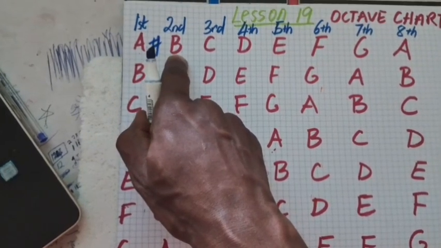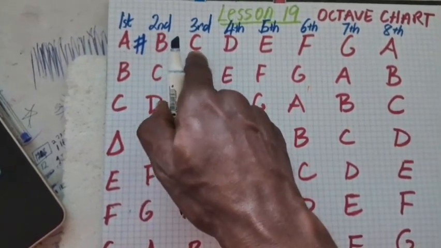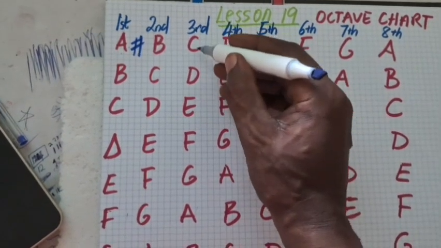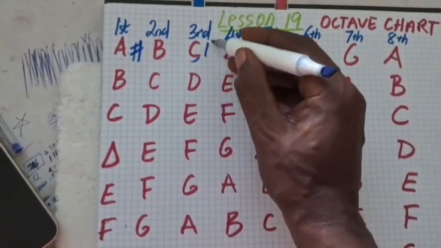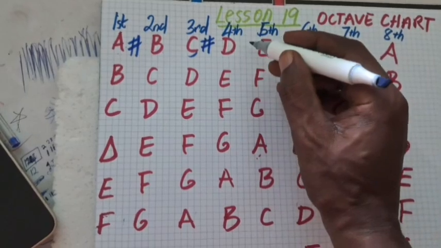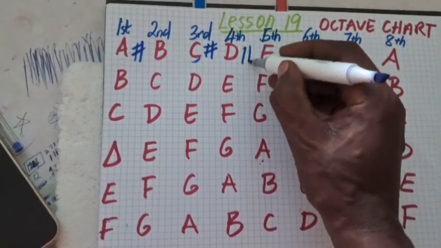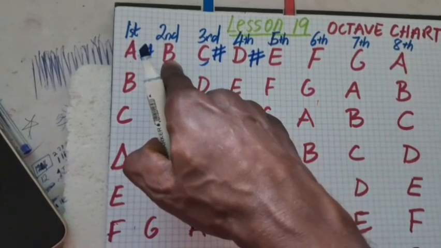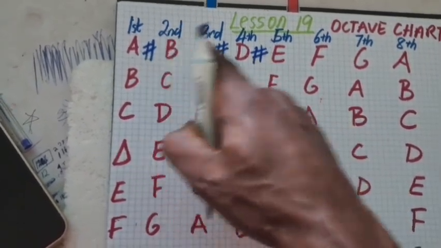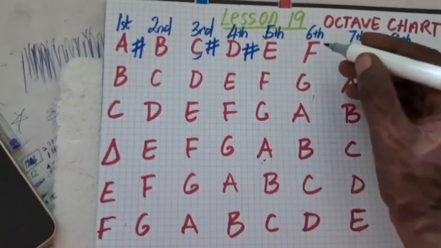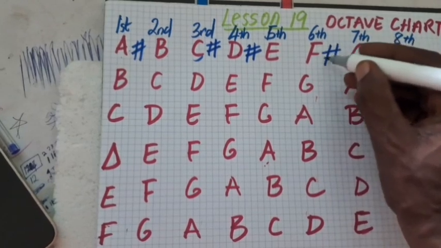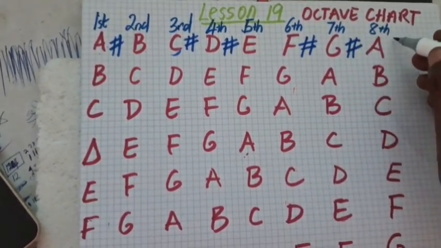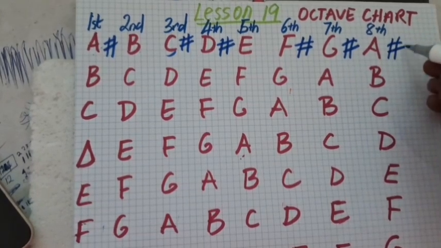B as a key, there's no B sharp. So you go to C. C as a key, then you have C sharp. D as a key has D sharp. But E, just as we said, E and B do not have sharps in between. So F as a key has F sharp, G as a key has G sharp, and A as a key has A sharp.